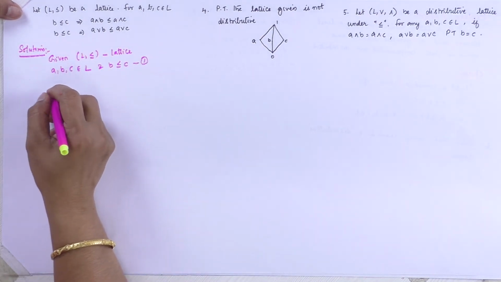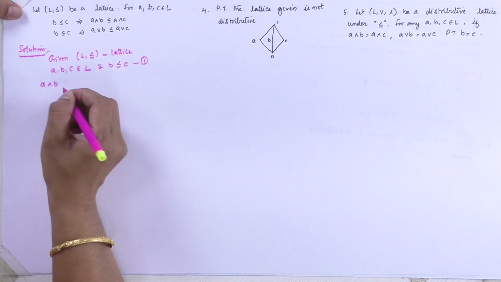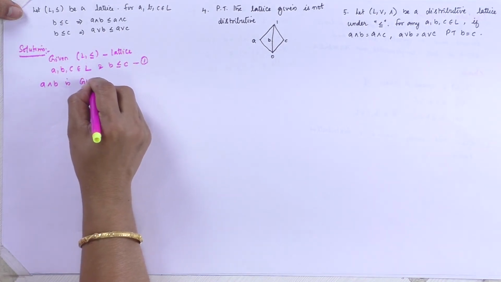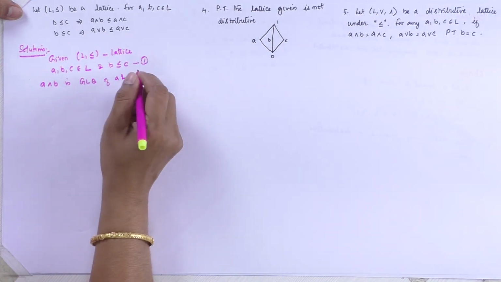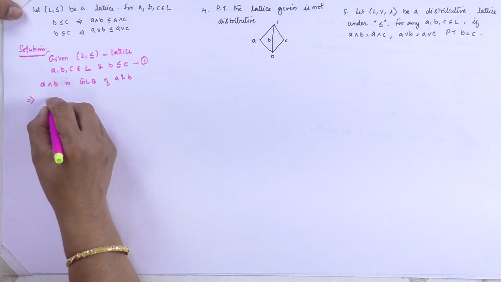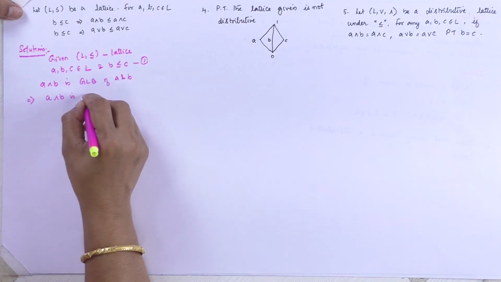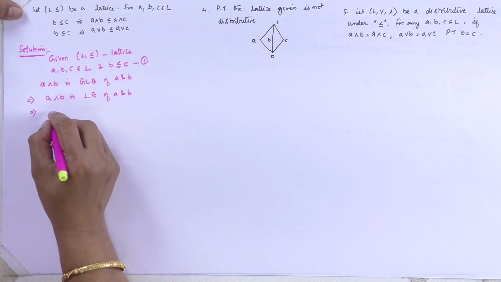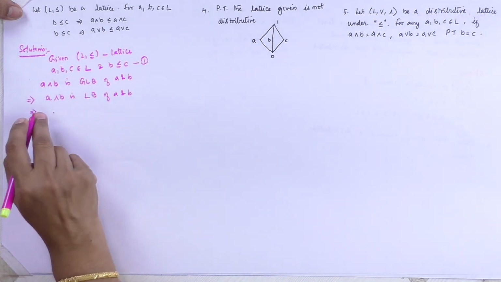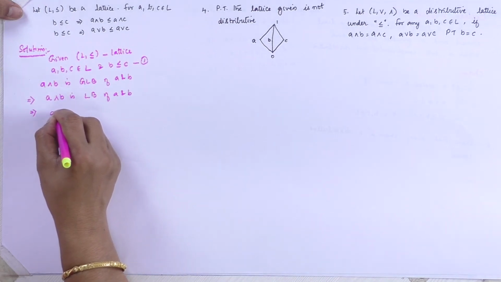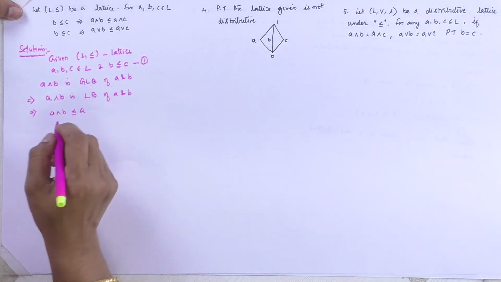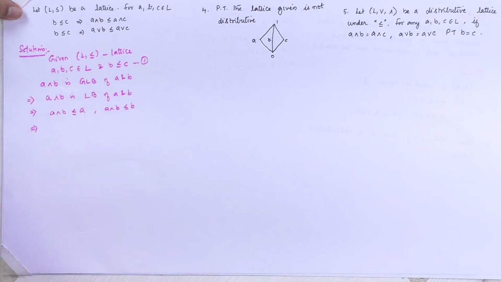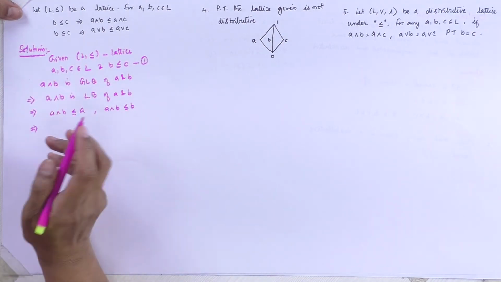And now what does that A and B imply? So A and B is the GLB of A and B. And also it will say that A and B is lower bound of A and B. So this will imply that A and B is lower bound, which means that A and B will be less than or equal to A, as well as A and B will be less than or equal to B. Since it is lower bound, we will have this.